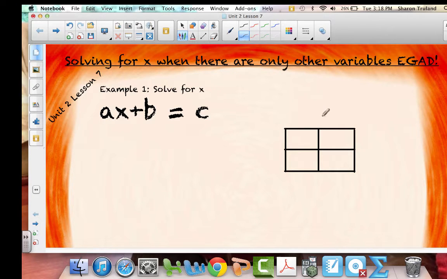So once again, we can do it by the box way, or we can do it by the traditional way. So let's just do this traditional way. Traditional way is move everybody away from the x. I do order of operations backwards. So in other words, I want to undo any addition or subtraction I see first.